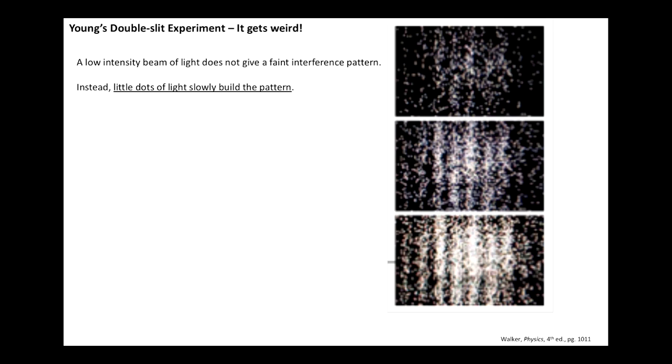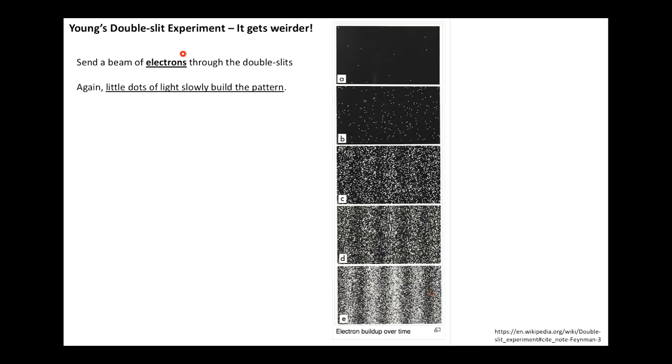We'll talk about it a little more on Friday. Weirdness part 2 is that you can do the exact same thing with electrons. What? Which makes you start to think, electrons, that's like matter. That's like mass, right? Light we think of as a wave. There's nothing physically there. You can take electrons and say, I have an electron gun.